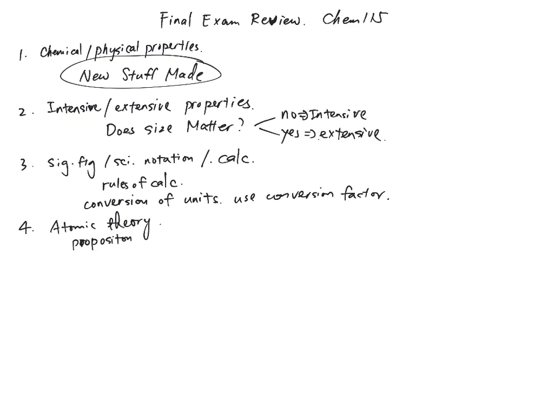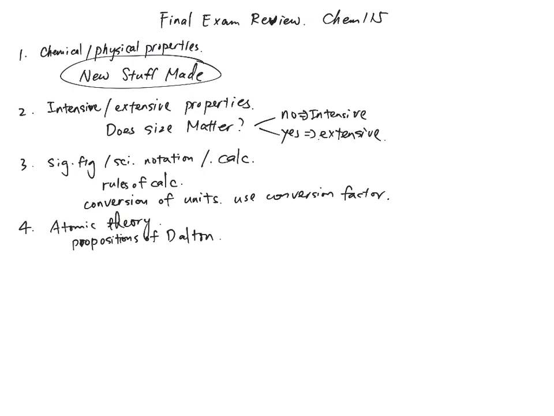The four different propositions of Dalton. Substances are made up of little tiny particles that he called atoms. Atoms are differentiated or characterized by their mass. Same type of atoms have the same mass. Different type of atoms have different mass.